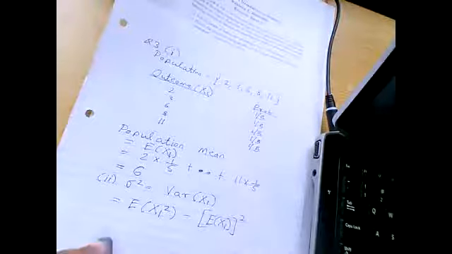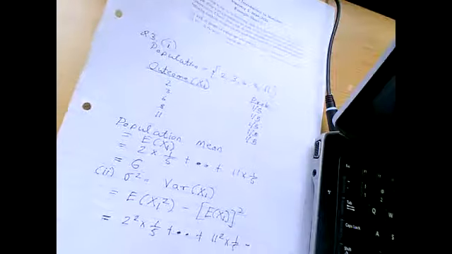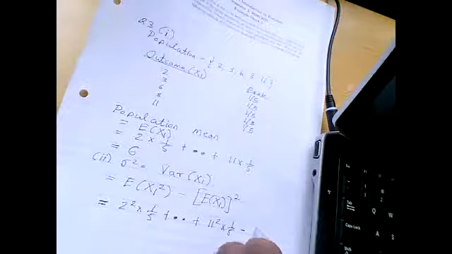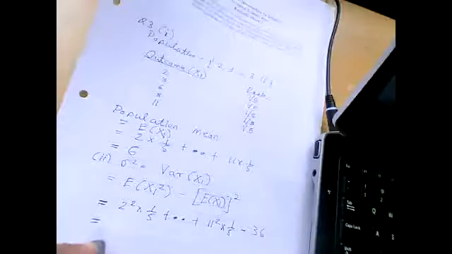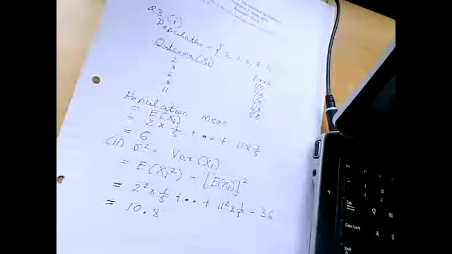So this is going to be 2 squared times 1 over 5, and minus 6 squared is 36. Right, now if you do the math for this, you will get this to be 10.8. So the variance is 10.8 and the population mean is 6.